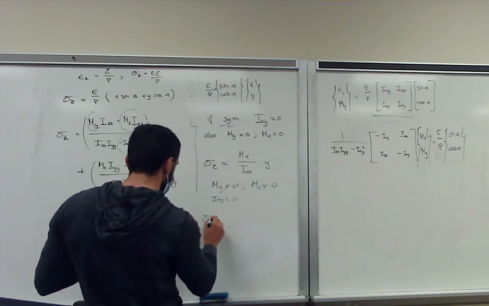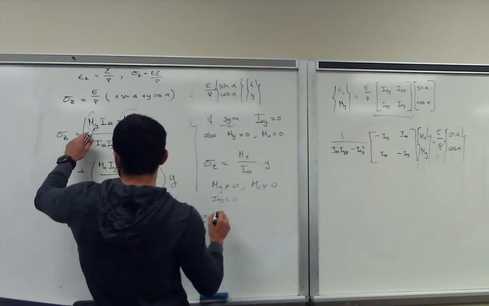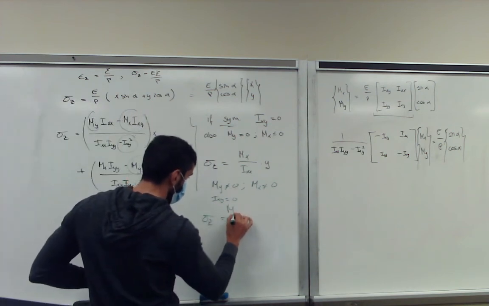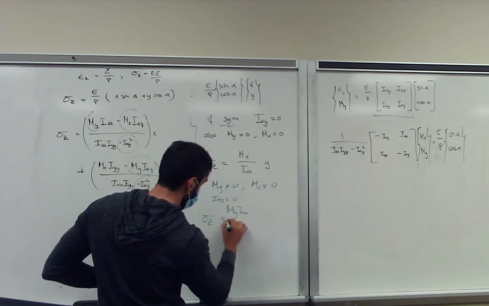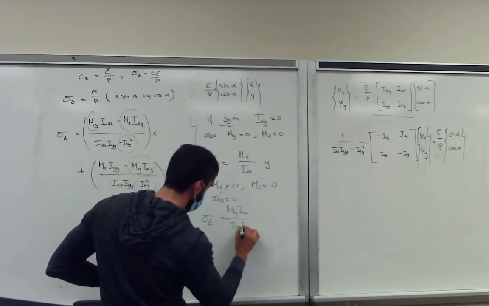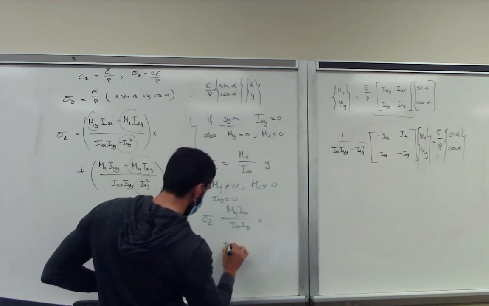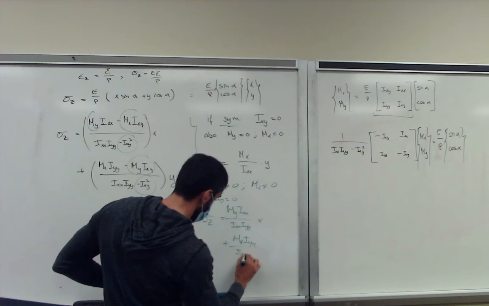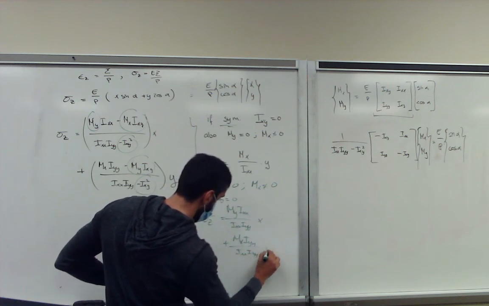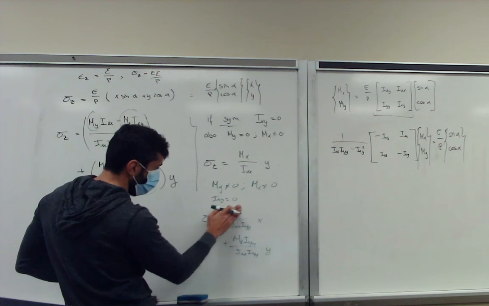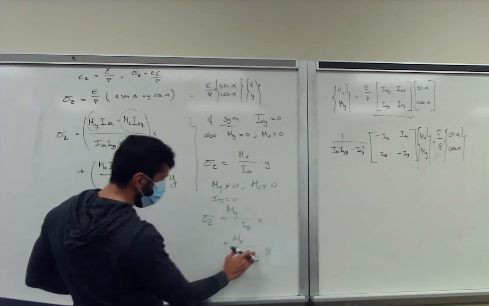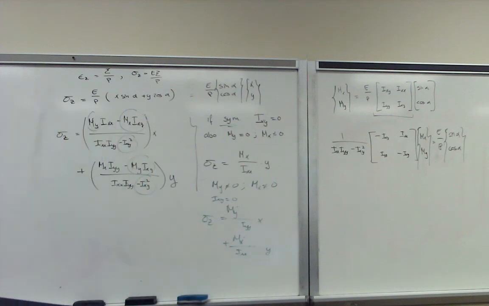Then what we get is the moment around y, Ixx over Ixx Iyy, times x, plus the moment around x, Iyy over Ixx Iyy, times y. So this cancels, of course, and this cancels, and now you have your stress due to combined bending moments.